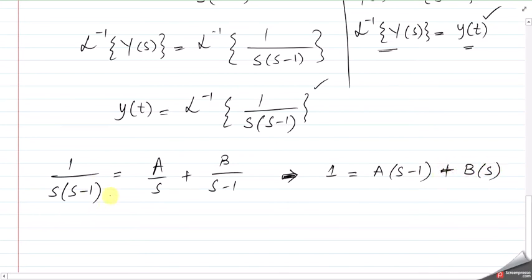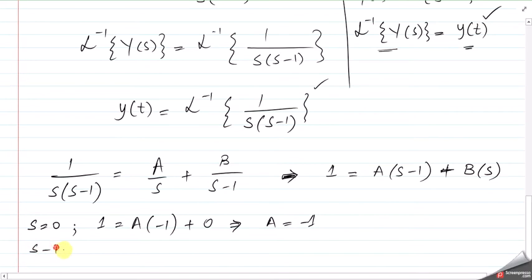Then we put s equals 0, that gives 1 equals a times minus 1, or a equals minus 1.